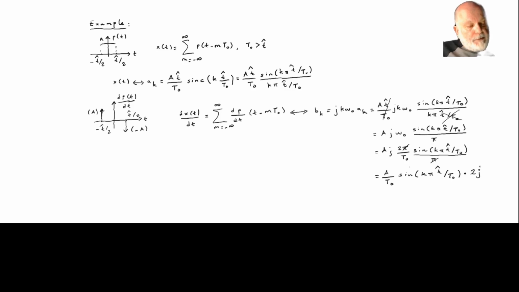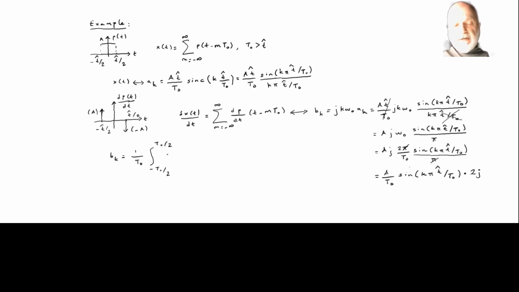In fact, just to verify that we have the correct result, we can do the following as an exercise. Let us evaluate b_k's directly. So this is how we obtain b_k's from a_k's. That means the Fourier coefficients of the original signal. But b_k can also be obtained as 1 over t0 times the integral over a period, from minus t0 over 2 to t0 over 2.